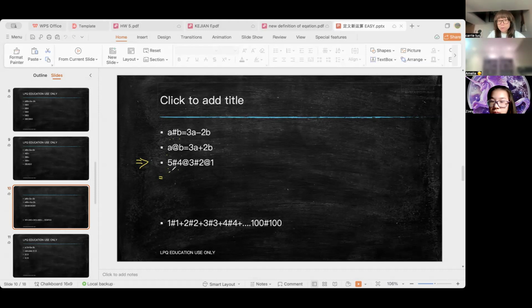Okay, so let's take a look at this one. 5 pound 4 at 3 pound 2 at 1. So we go from left to right, okay?